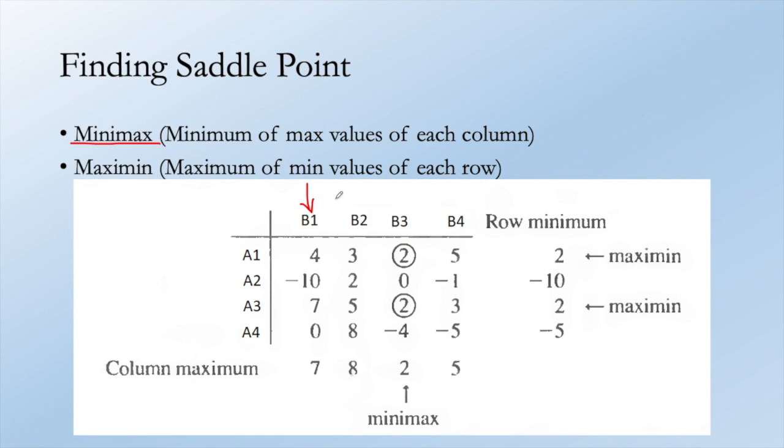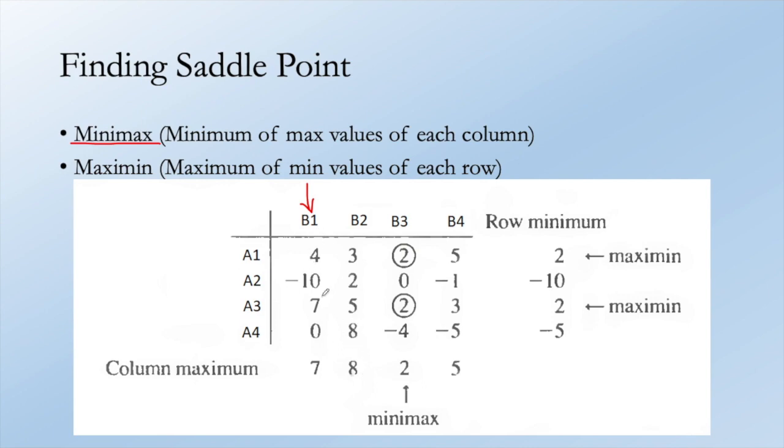So if Bob applies B1, the most he can lose from this strategy is 7. If Bob applies strategy B2, then the maximum Bob can lose is 8.